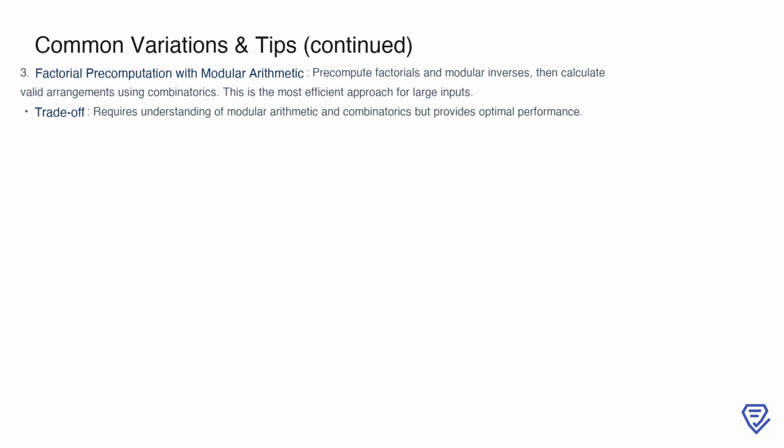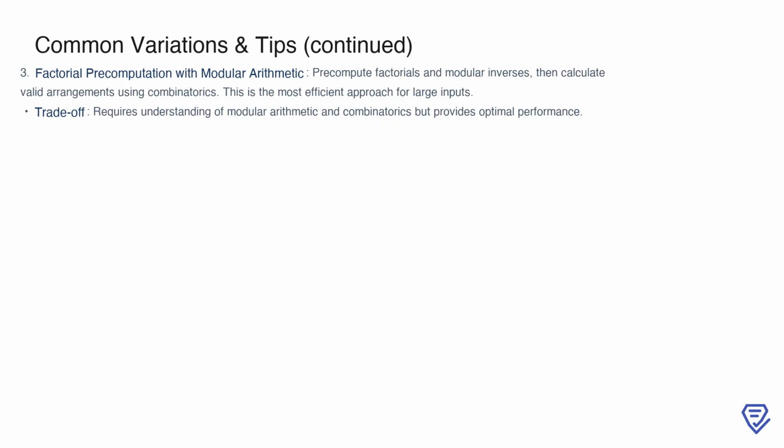The most efficient approach involves factorial precomputation combined with modular arithmetic. By precomputing factorials and modular inverses, you can leverage combinatorics to calculate valid arrangements directly. This method not only handles large inputs efficiently but also avoids the pitfalls of overflow errors thanks to modular arithmetic.